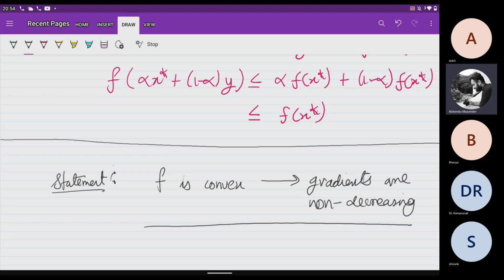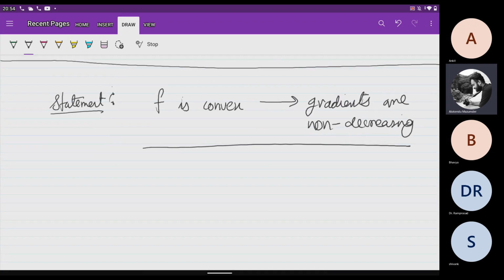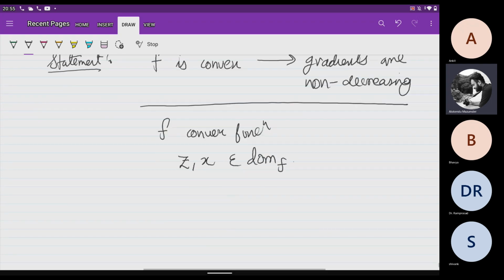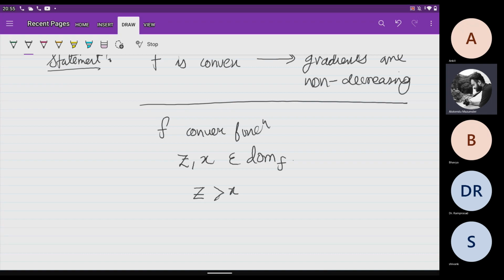It means if f is a convex function, and there are 2 points z and x that belong to the domain of f, and z is greater than x, then the gradient at z will also be greater than the gradient at x.